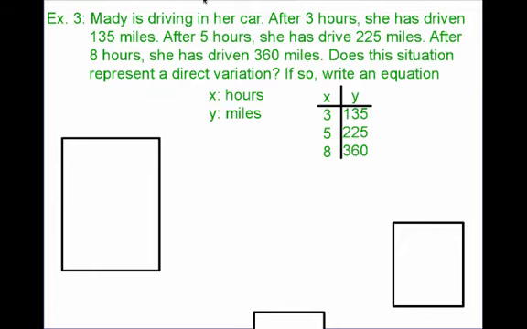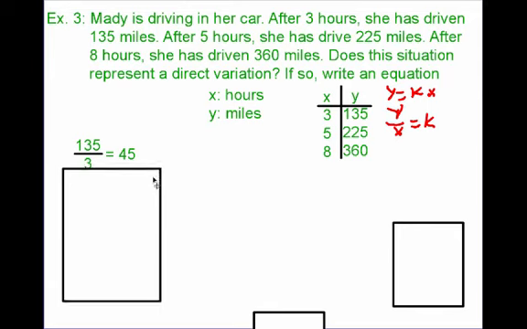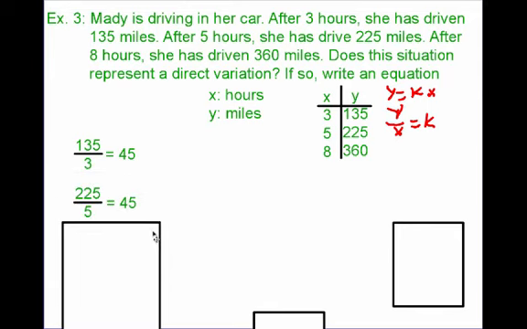We know that if this is direct, then y equals kx, so y divided by x is constant, with a k. So I'm going to do 135 divided by 3, 225 divided by 5, 360 divided by 8, and I'm hoping that those will all be the same number. Let's figure that out. 135 divided by 3 is 45. 225 divided by 5 is 45.